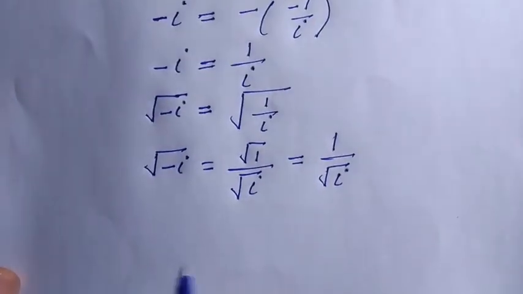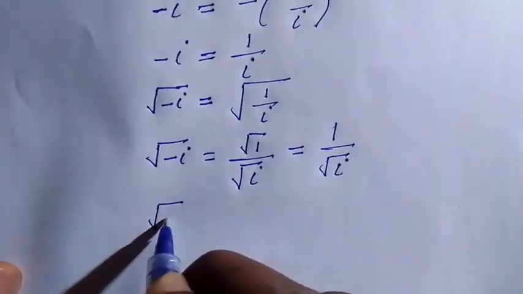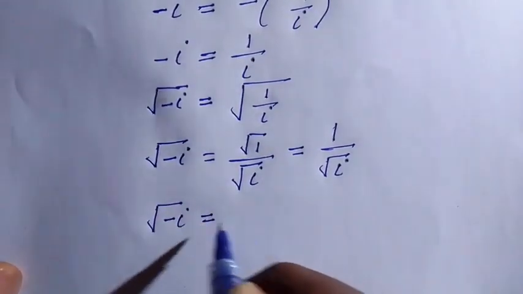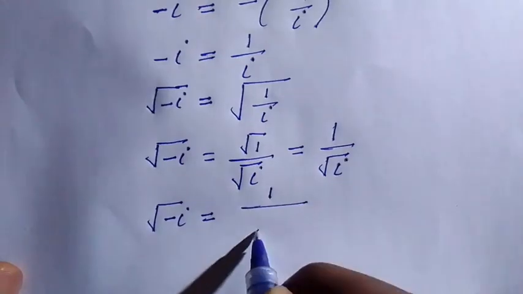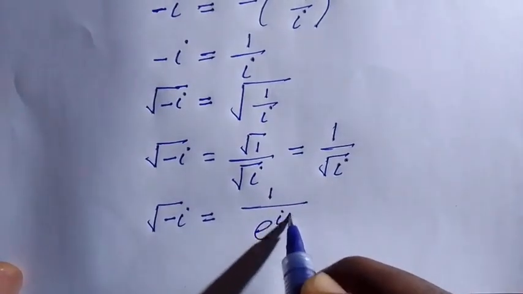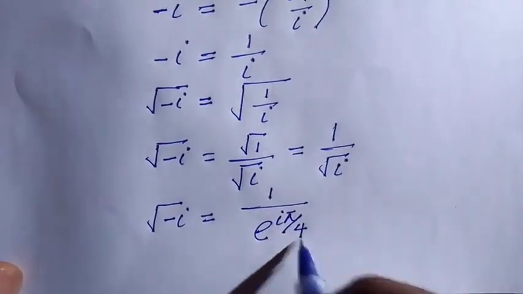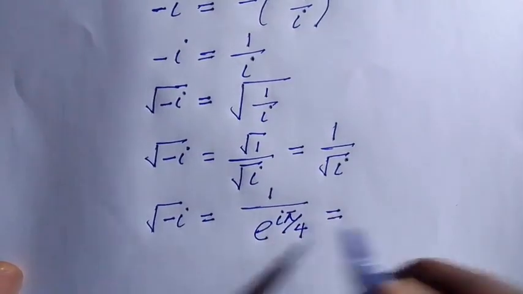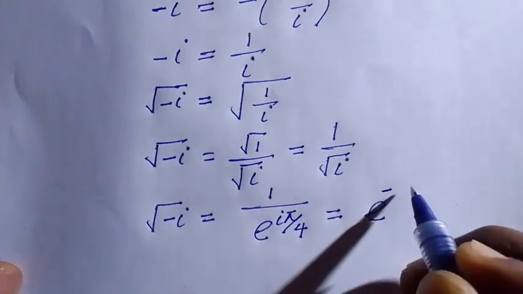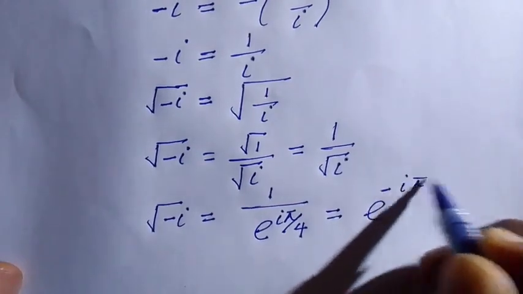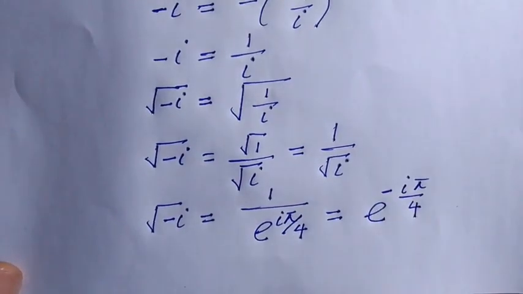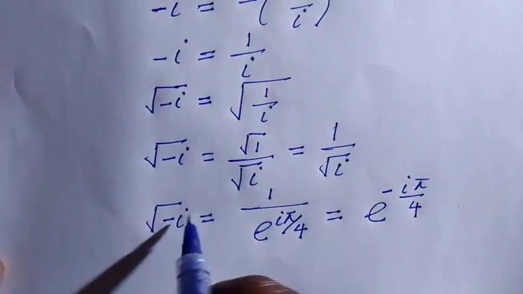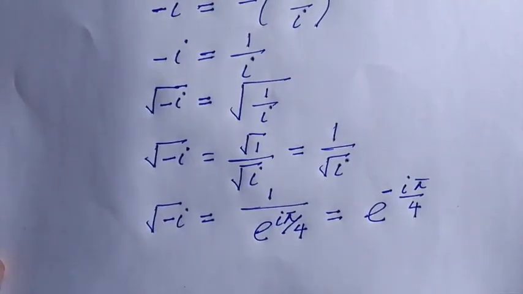Then we do the replacement here, and we get the root of minus i equals 1 divided by e to the power of i pi divided by 4. Then we write this as e to the power of minus i pi divided by 4. And this is for the square root of minus i.